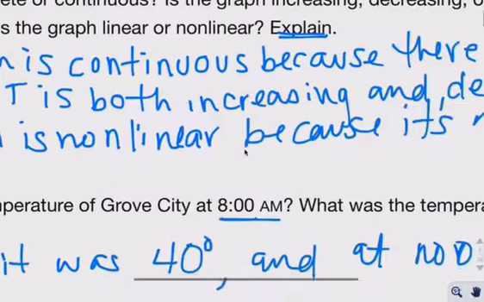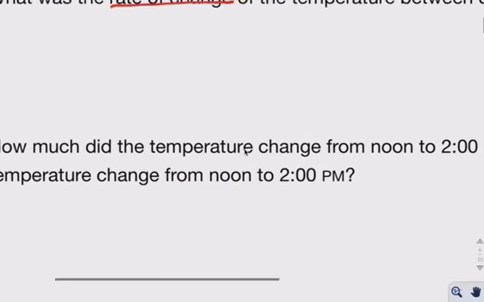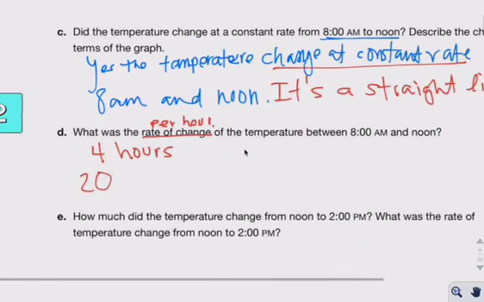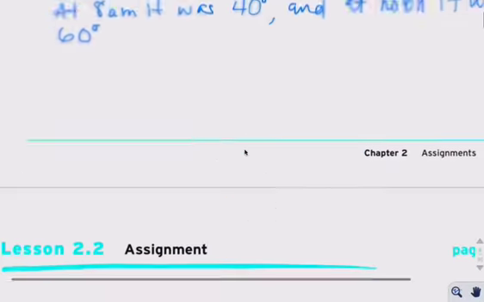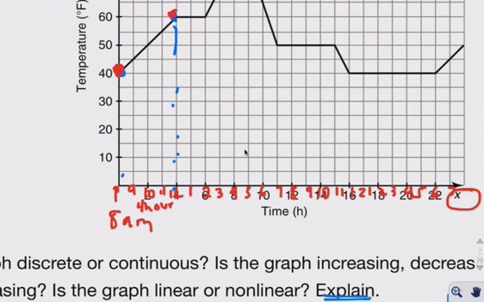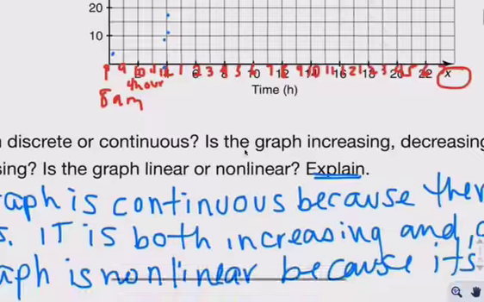So to find the rate of change, you divide 20 by 4, because 20 degrees was the difference between 8 a.m. here and 12. 60 minus 40 is 20.